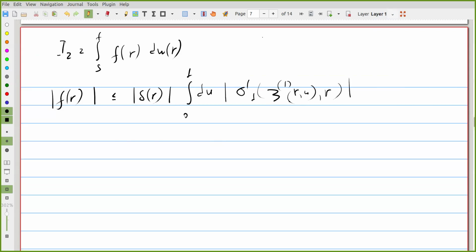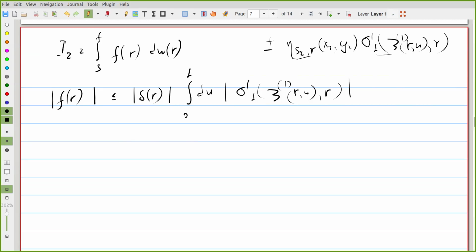Yeah, I am adding and subtracting eta s2 r x2 y2 zeta 1 r u. I am adding and subtracting this, then it should work.